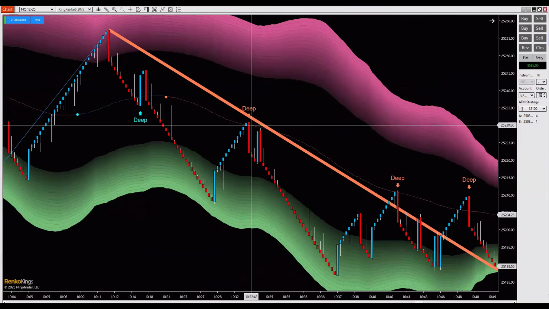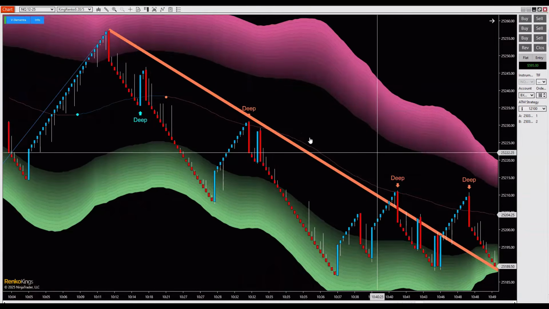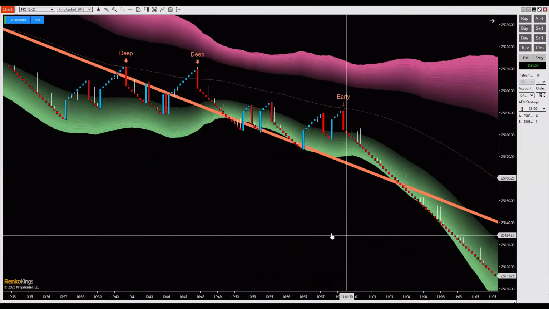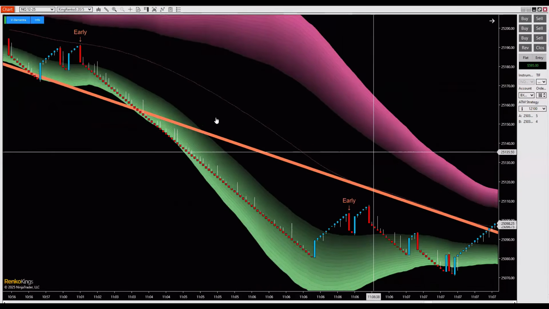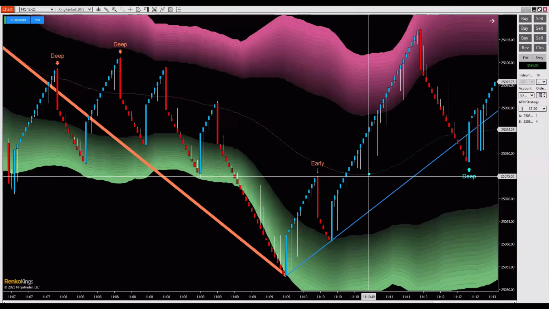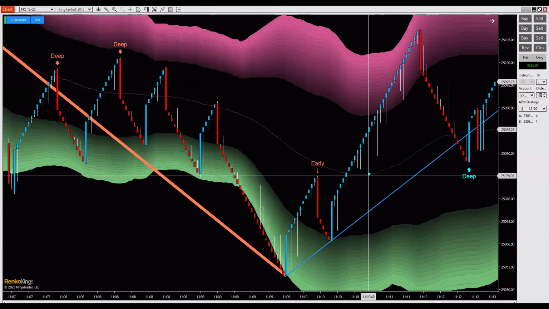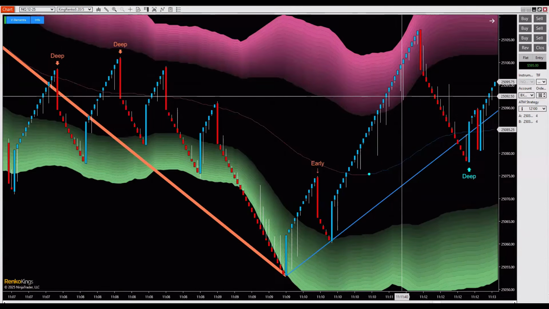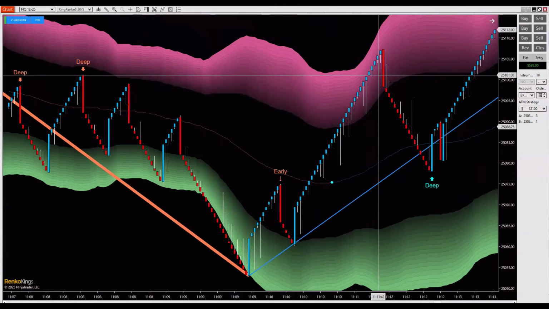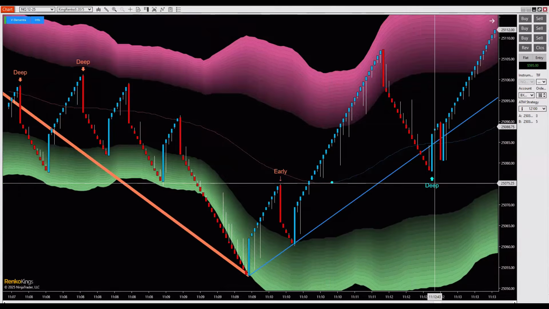Deeper retracement in a bearish trend, right? Here is your signal. Huge move down, still bearish. Now, here is a change of trend. So when you see this blue dot over here, this signifies a change in trend. And then what you're looking for really after this is the deeper retracement.